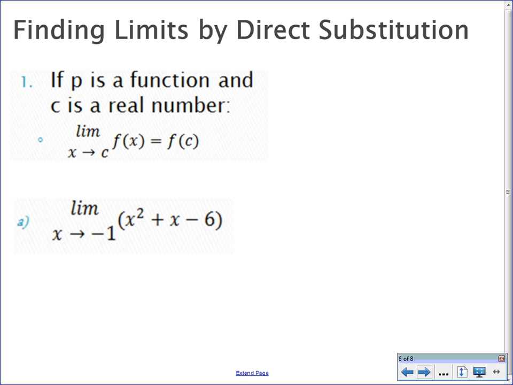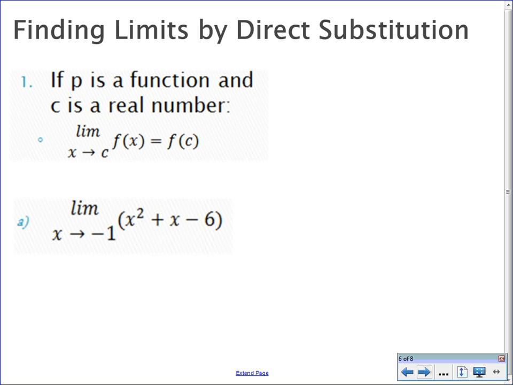Now, what's true about a polynomial function? What do they look like? Give me an example of a polynomial. A parabola, a cubic, a quartic. They all are nice, smooth curves that go on forever.